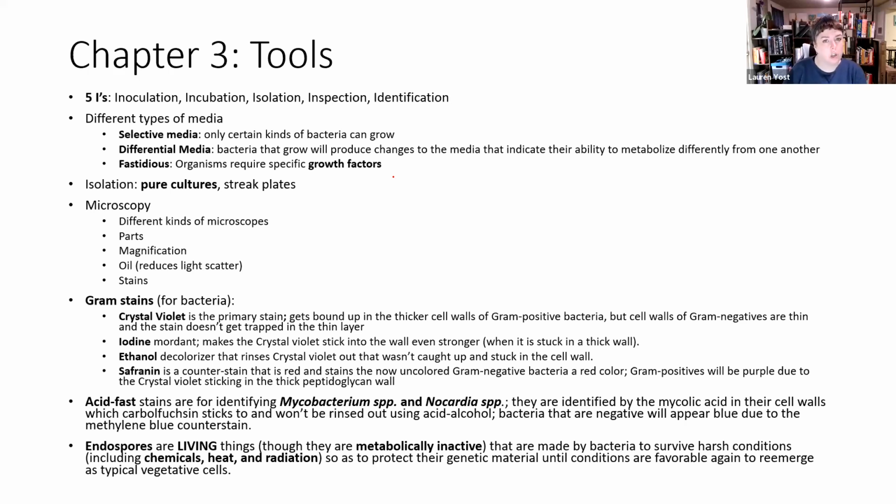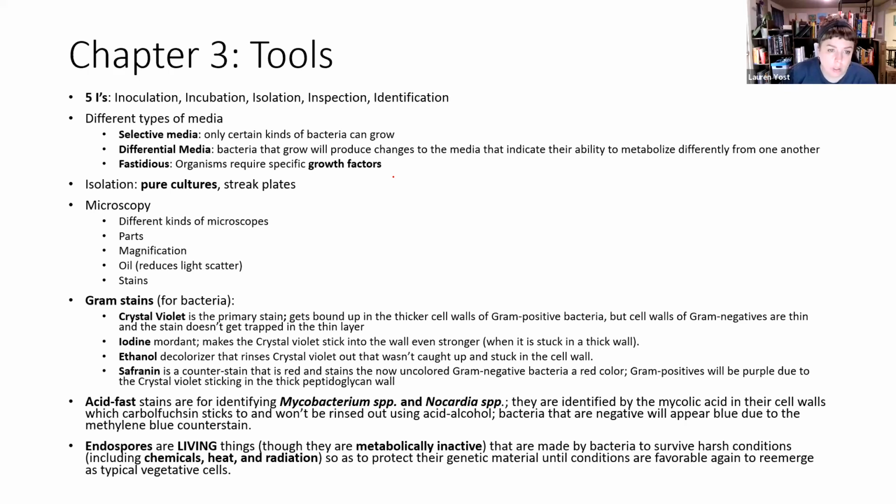And then if it changes color based on whether that organism can metabolize certain things to a certain product that changes the color of the media, all of that. And then using all of that information that we got from the stains and the media and all of that, and combining it together to identify. That's the 5 I's.